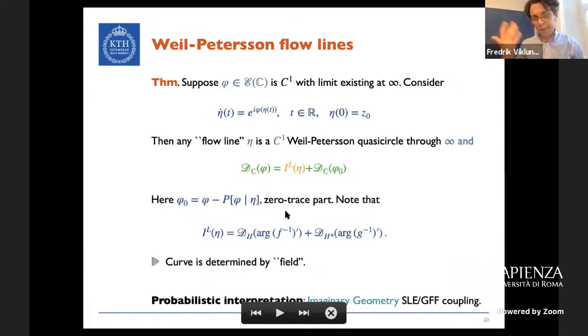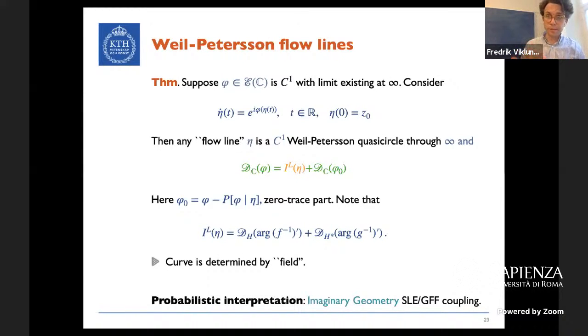And the probabilistic interpretation again is that this is a deterministic version of the forward SLE-GFF coupling, the flow line coupling. But again, the proof is pretty simple, and it's purely analytic, so it uses really no connections to probability, except that one guesses that such a thing should be true and then tries to prove it. Okay.